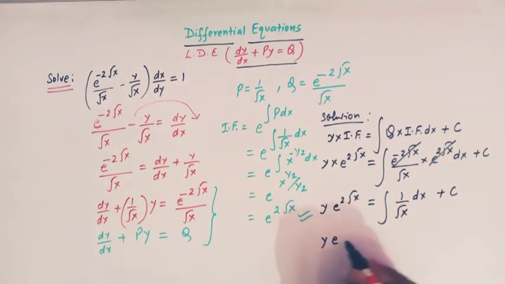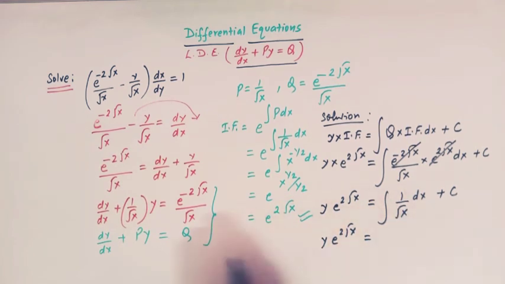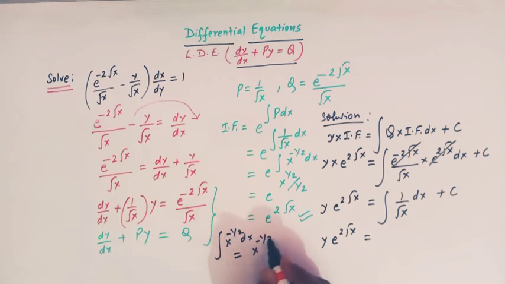And this can be written as e raised to 2 root x, and here we have the integral of 1 over root x as x raised to minus half dx, that is x raised to minus half over half, that is here we have plus sign, so x raised to half over half, that is 2 times square root of x, right?